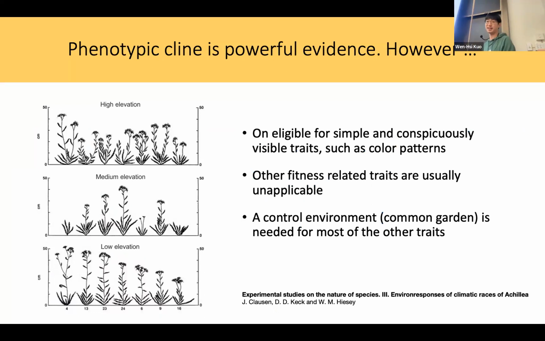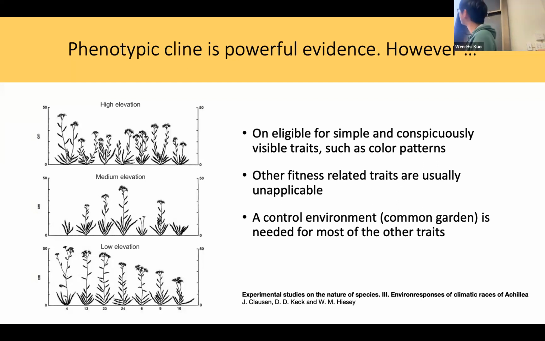While the phenotypic cline is a very good approach, it is not perfect, because it is restricted to simple and conspicuous traits, for example, colors. Other important traits like fitness are often in intensive interaction with the environment, so they are not able to be observed directly.